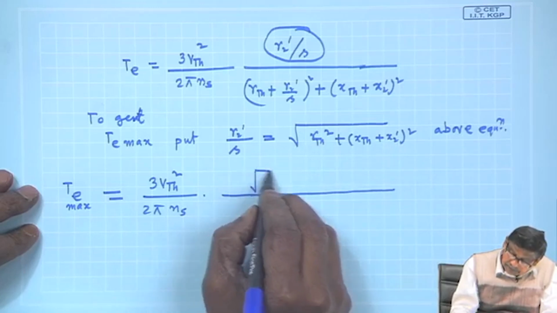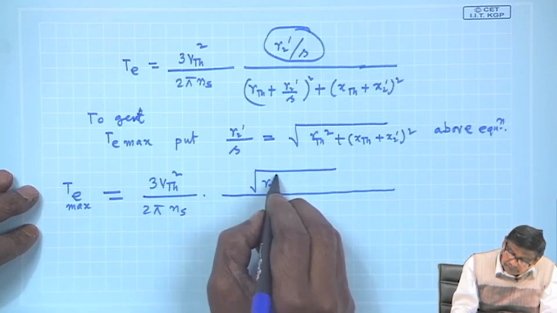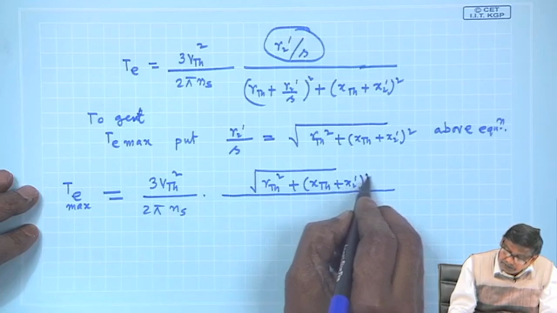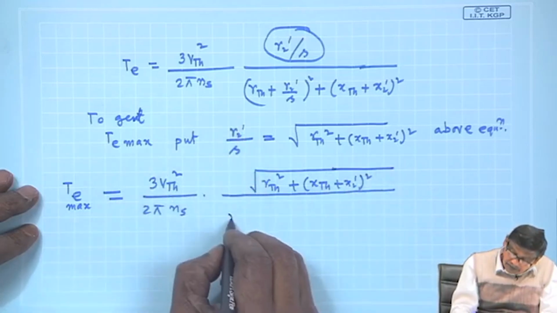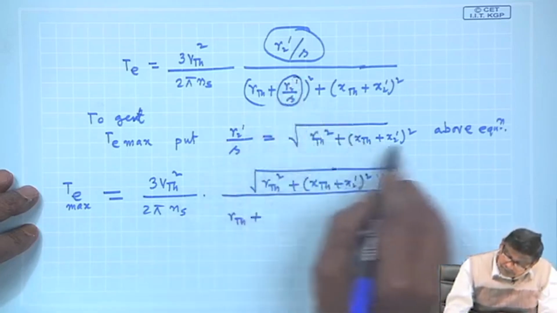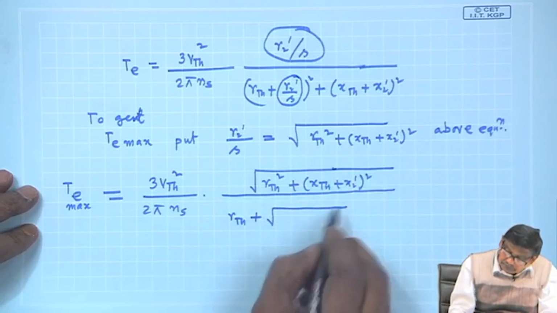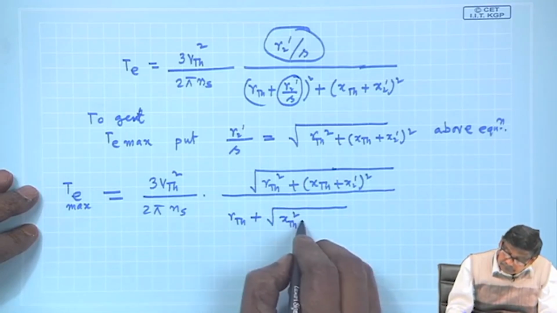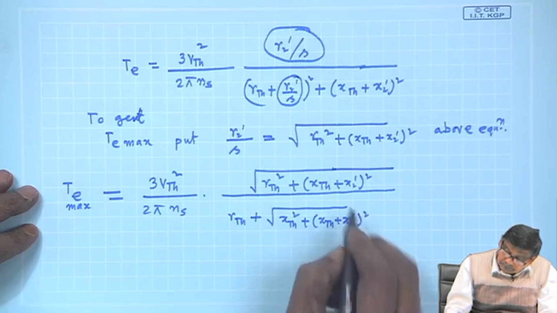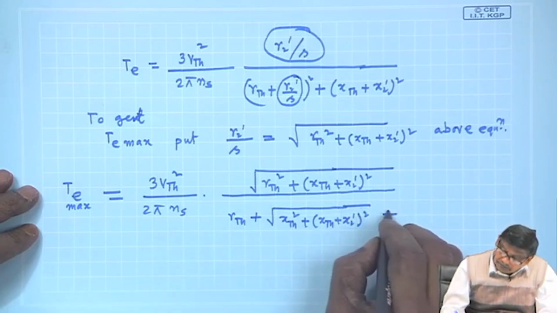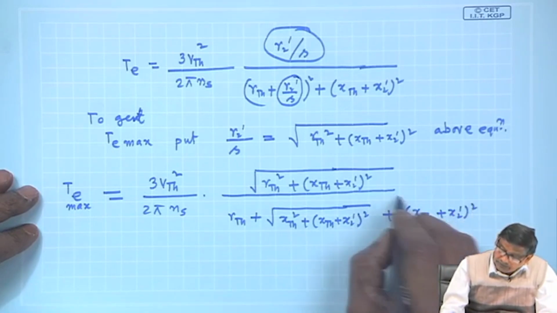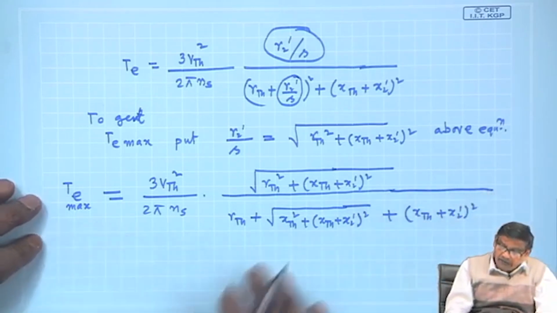So, put that plus X2 dashed whole square divided by R Thevenin's plus this R2 dashed by S, put once again the same thing, plus of X Thevenin's plus X2 dashed whole square. This will be the value of T max.